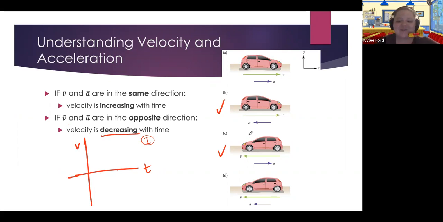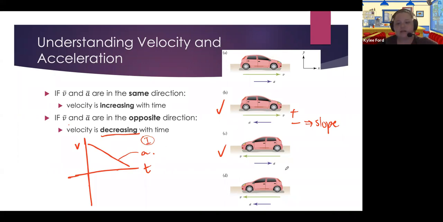Okay, so if our velocity is positive, like this one, and our acceleration is negative, remember that our acceleration is talking about our slope in this case, when we're looking at our V versus T graph. So we will have some kind of negative slope like that, and that's going to represent our acceleration.